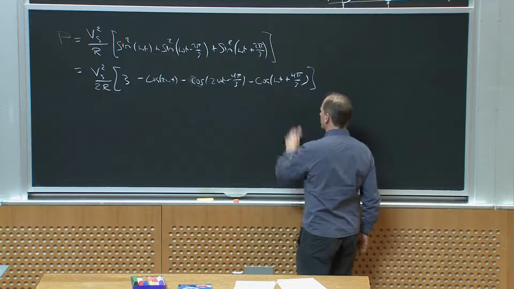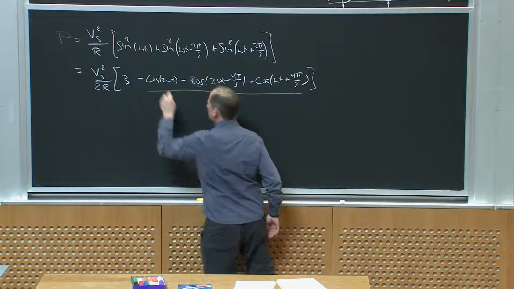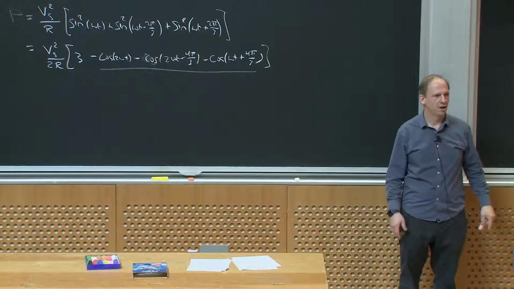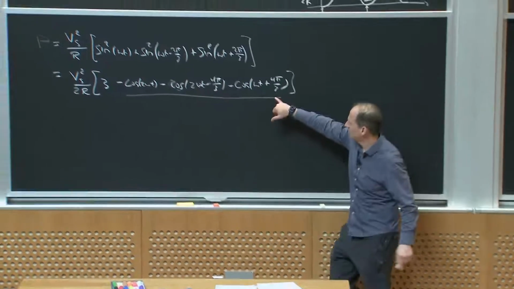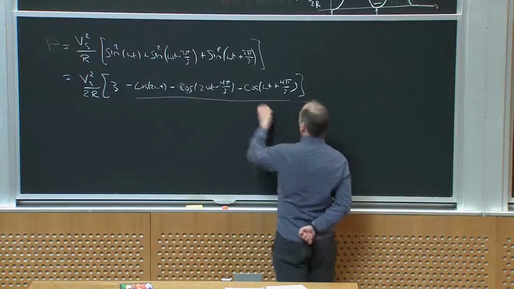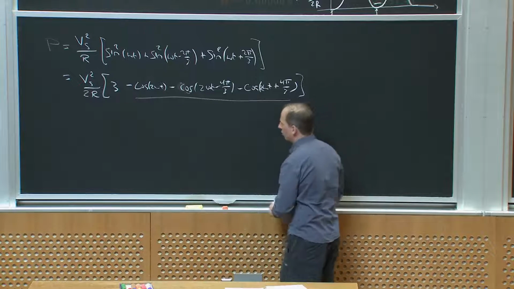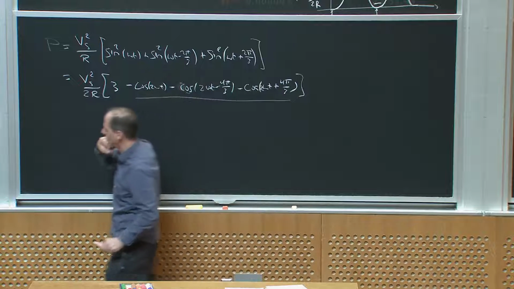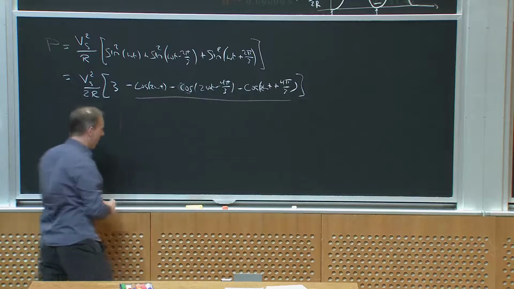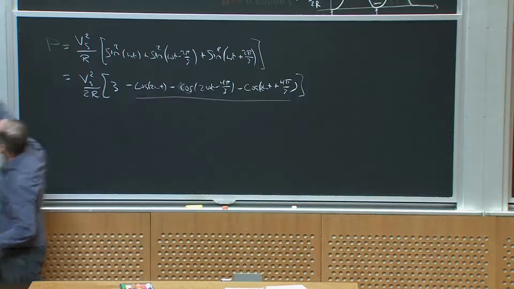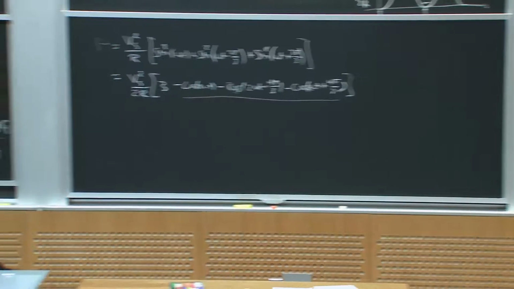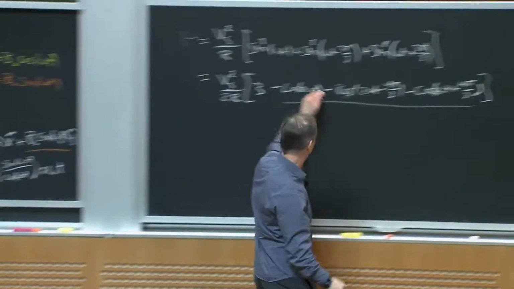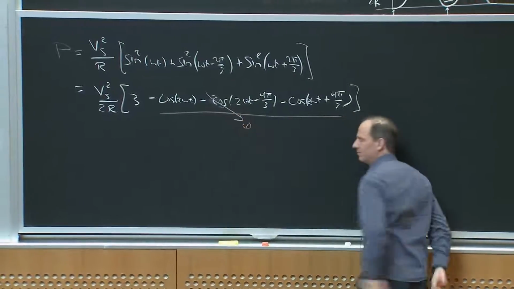If I look at these 3 terms, they form a 3-phase set at twice the line frequency. In other words, if I looked at the phasors for these 3 terms, they're at 2 omega t, but they add up the same way those 3 signals add up. They add up to 0, so these 3 things net to 0 all the time.